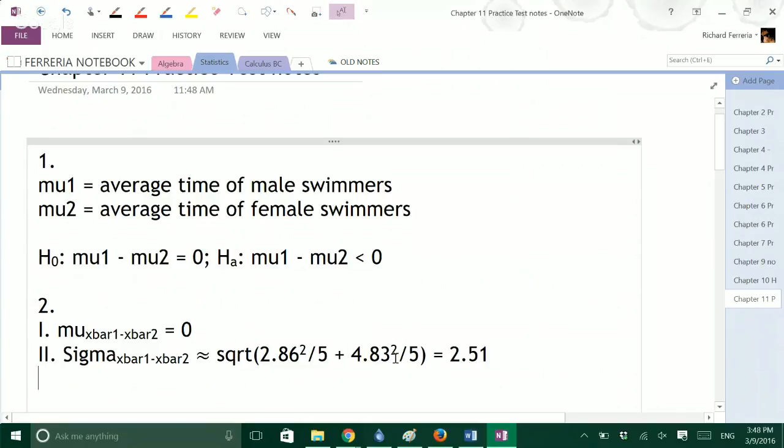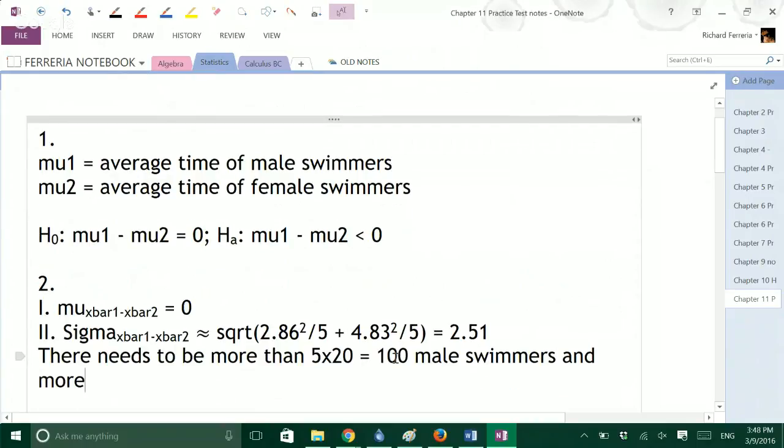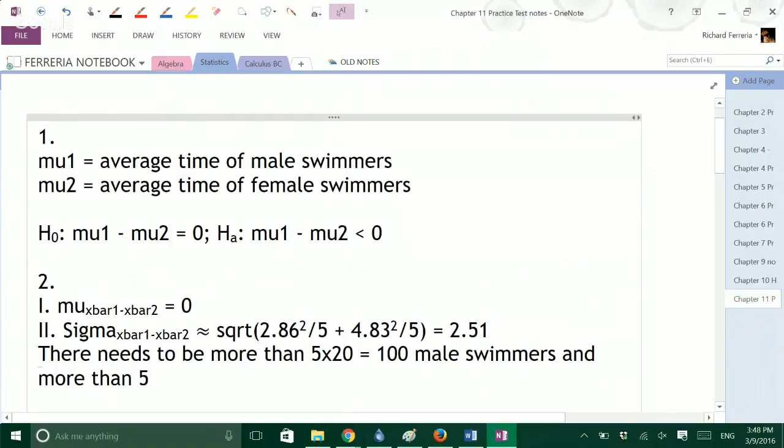We should also make sure that there needs to be more than, let's see, sample size of 5. 5 times 20, which is 100 male swimmers. And more than 5 times 20, 100 female swimmers.